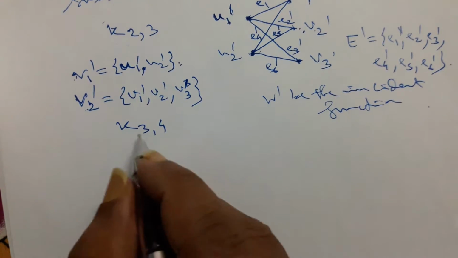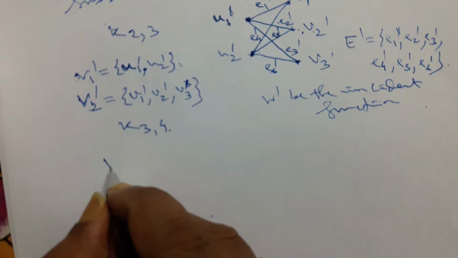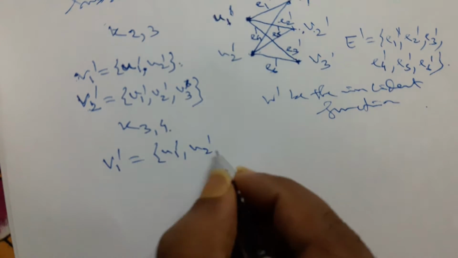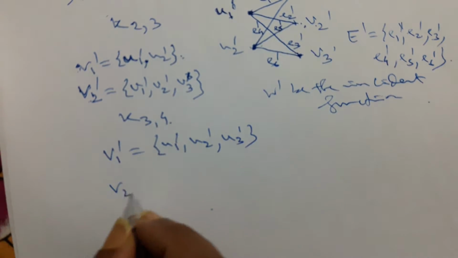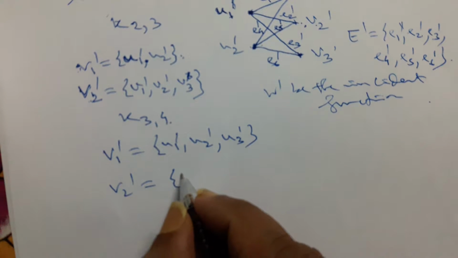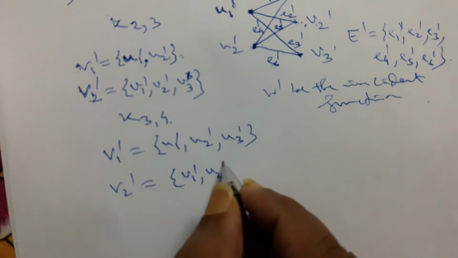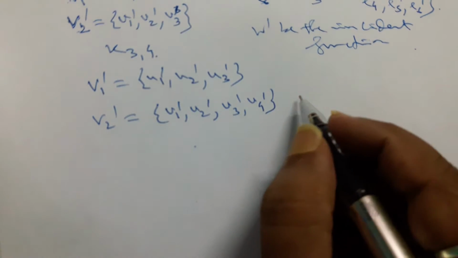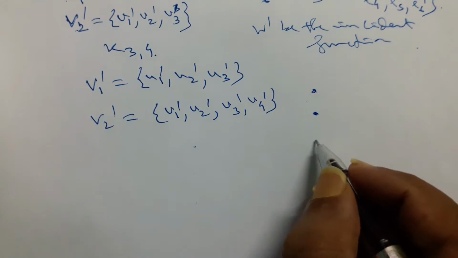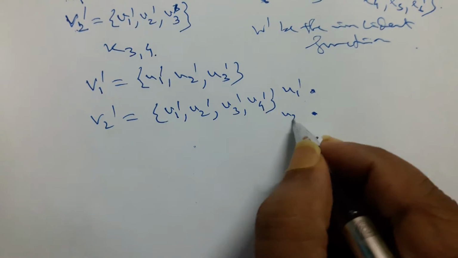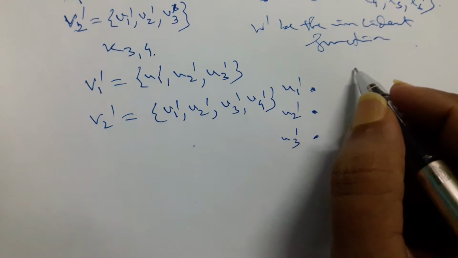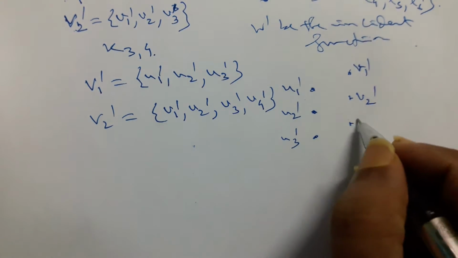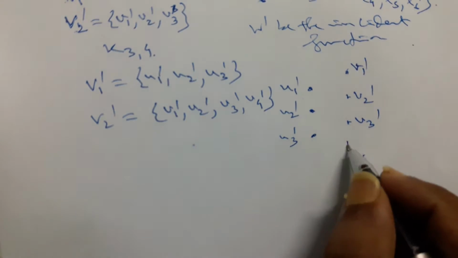If we consider K 3, 4, then V1 dash is the set consisting of u1 dash, u2 dash, u3 dash, and V2 dash consists of 4 vertices: v1 dash, v2 dash, v3 dash, v4 dash. Now we draw the representation.